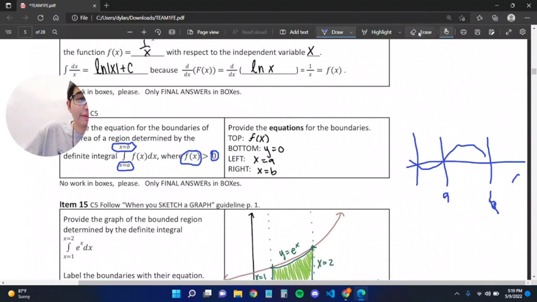Yeah, that's good. That whole line would be f of x. And as for this bottom line, that would be our bottom. That's right.